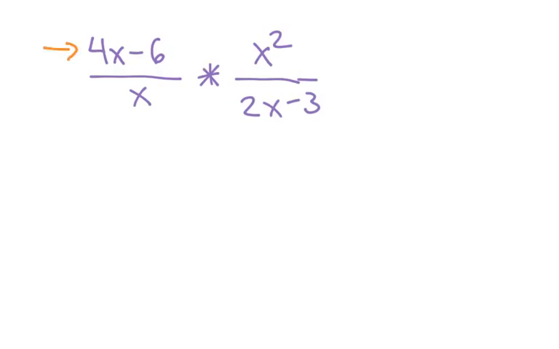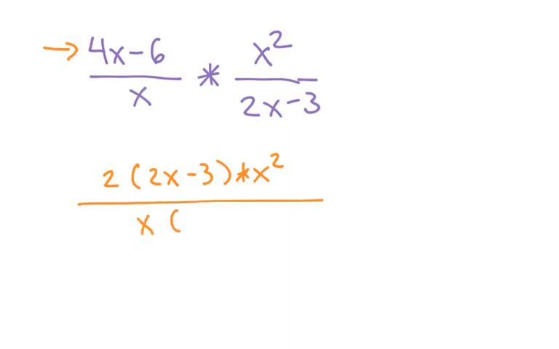So we'll notice that in 4x minus 6, we can take a factor of 2 out, and this would leave me with 2x minus 3. And I'll just tack on the x squared. The denominator is still x times 2x minus 3. We can see clearly that the 2x minus 3's will divide out, and then x goes into x squared, leaving me with x, and the answer is simply 2x.